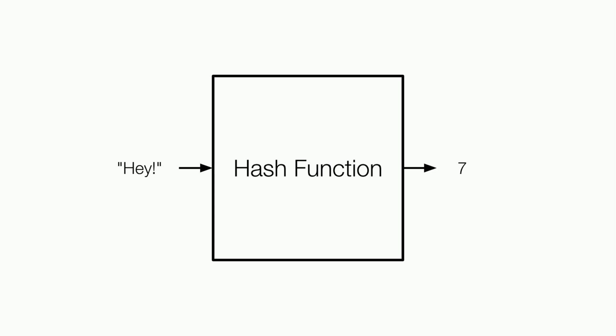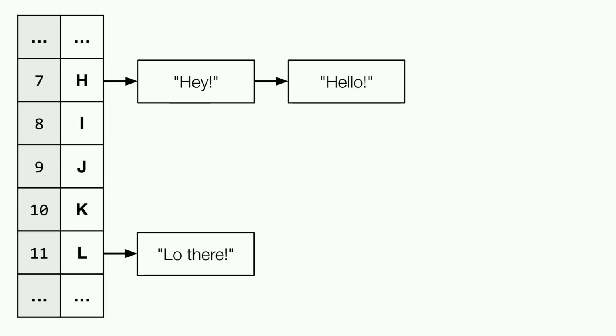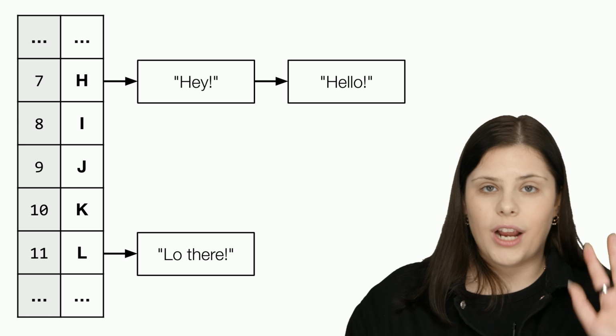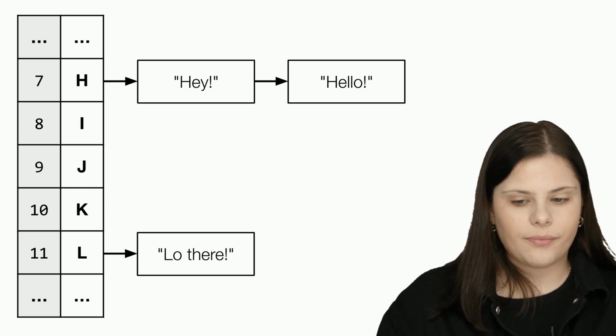A hash function is just something that can take a word or phrase that you want to store, and then give you a corresponding number, or a corresponding index of the bucket where you want to put that phrase or word into the hash table. So for example, if I put hey into a hash function and it gives me back 7, I'm going to go into the bucket with index 7 and put hey in there. Okay?